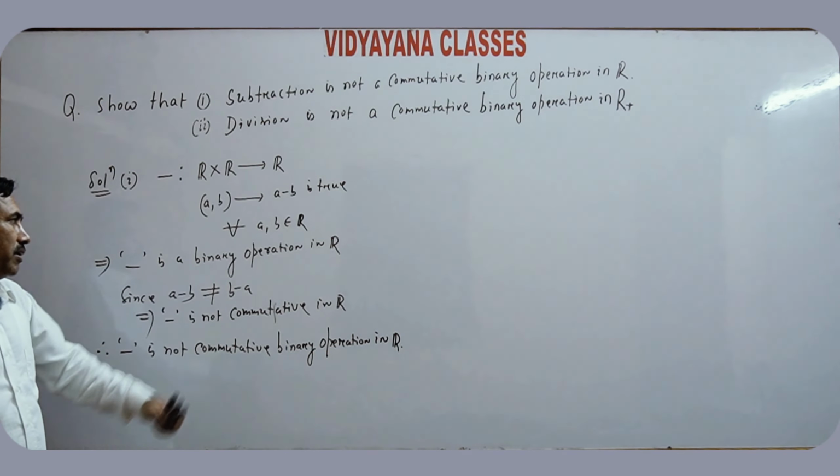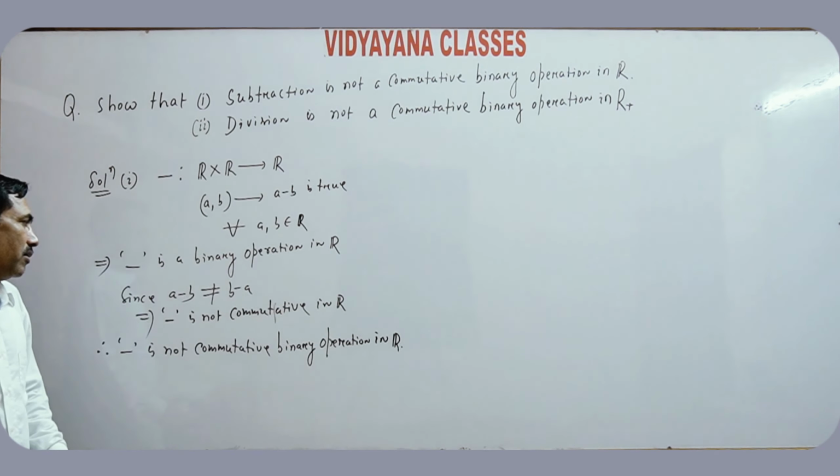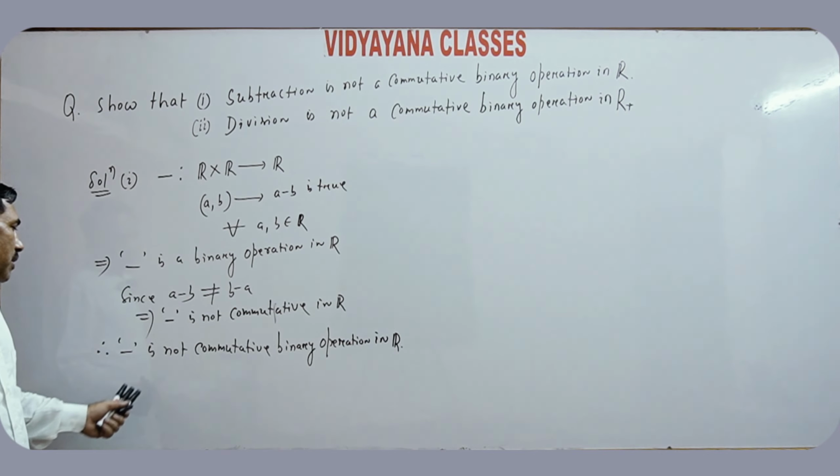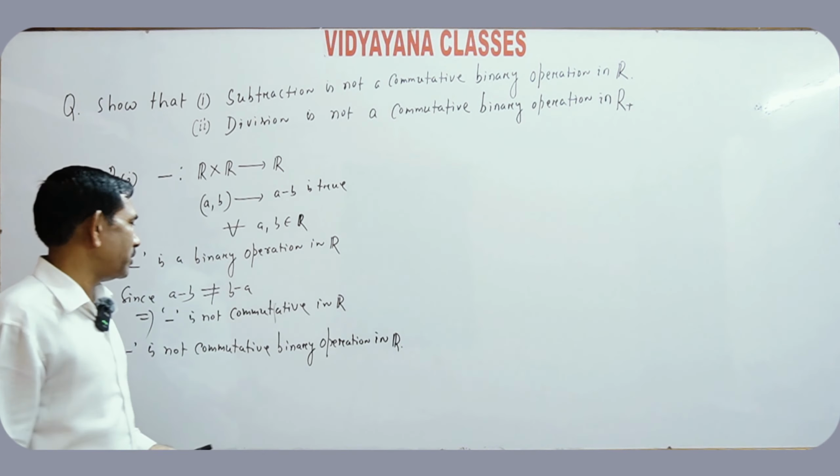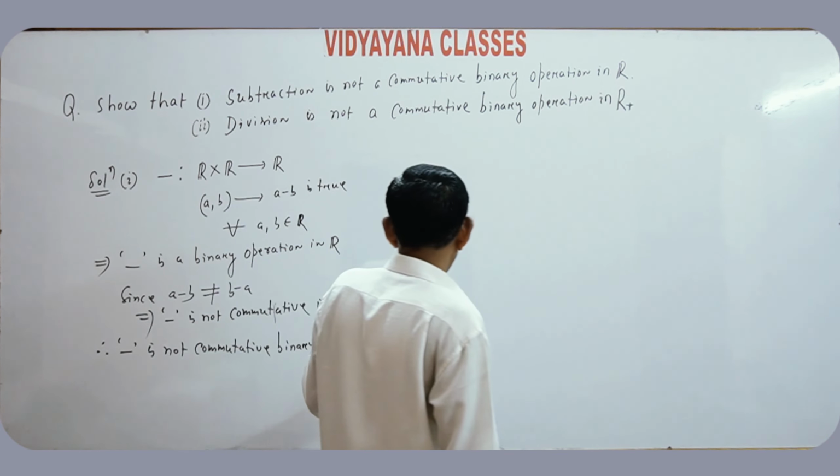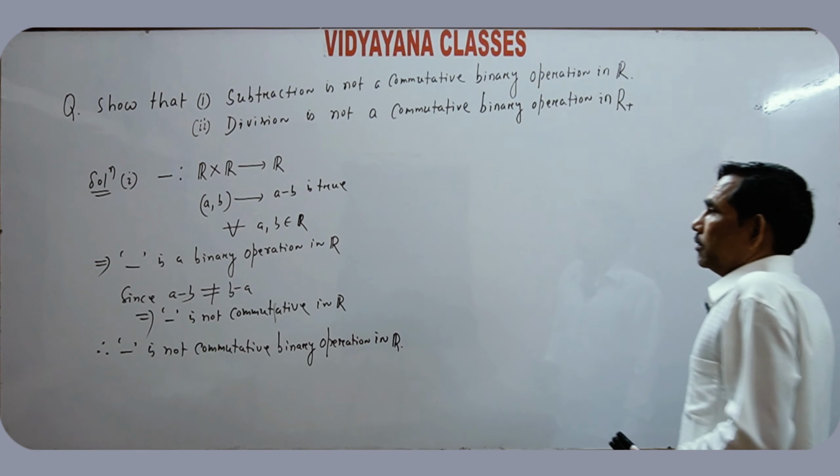Subtraction is a binary operation in R, but subtraction is not commutative in R. Therefore, subtraction is not a commutative binary operation in R. Clear?